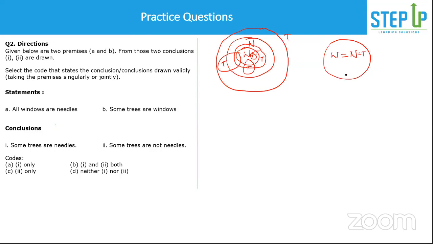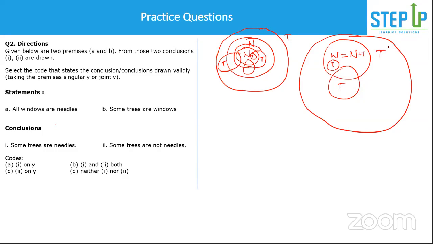That means this is also possible. This inside like this is also possible. And this big T is also possible. So what I'm doing, guys, is thinking about all the possibilities. I know it looks a little messy because so many things we have done, but we are just trying to do all the possibilities.